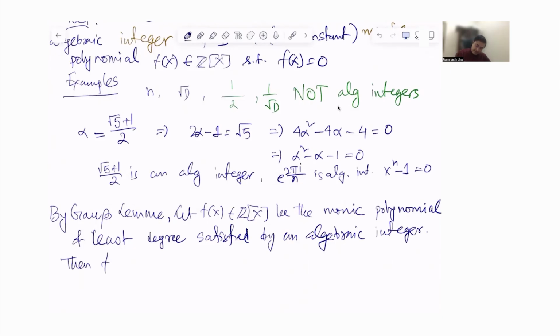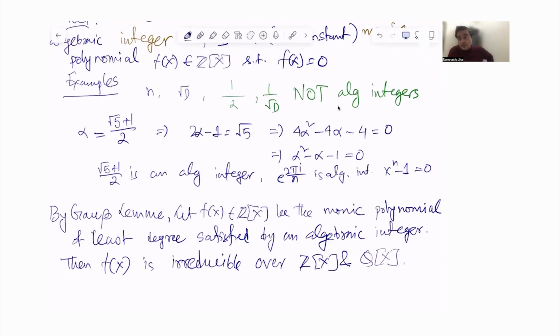Then f(x) is irreducible over Z[x] and Q[x]. Just think about it.